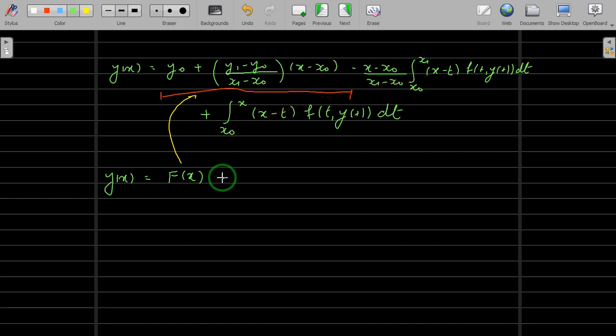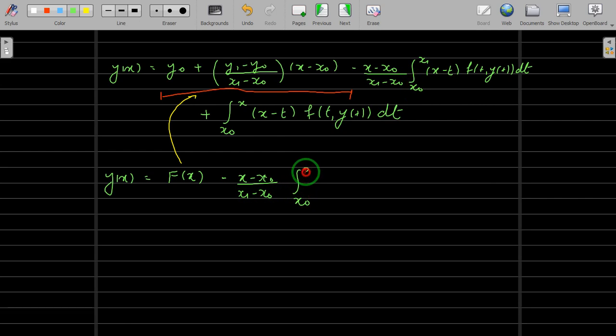Let me write it. So minus x minus x0 divided by x1 minus x0, and then you split this integral. So let me write that step directly.